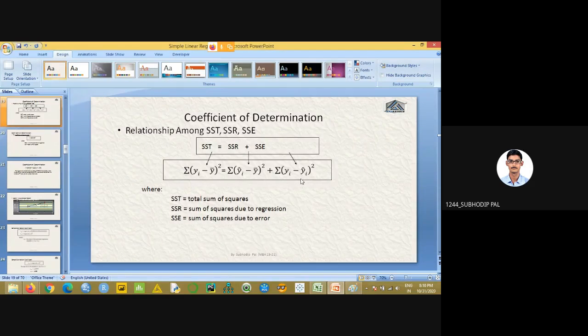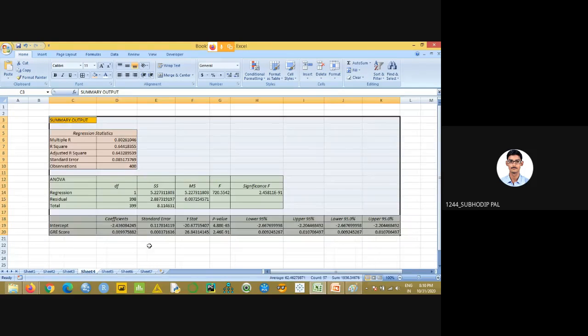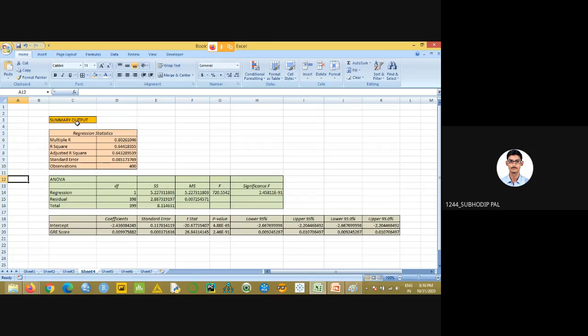Let me give one example. This is the regression output.